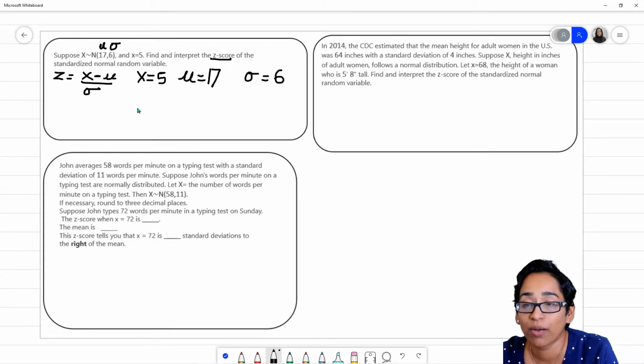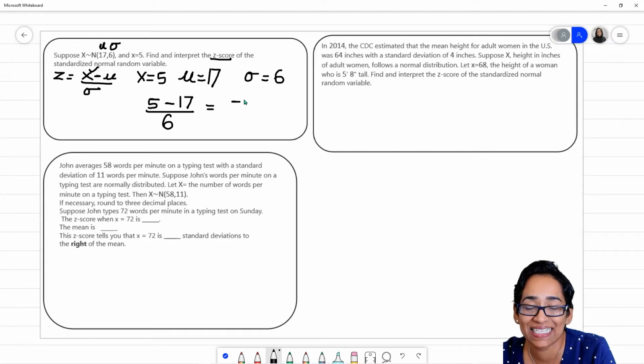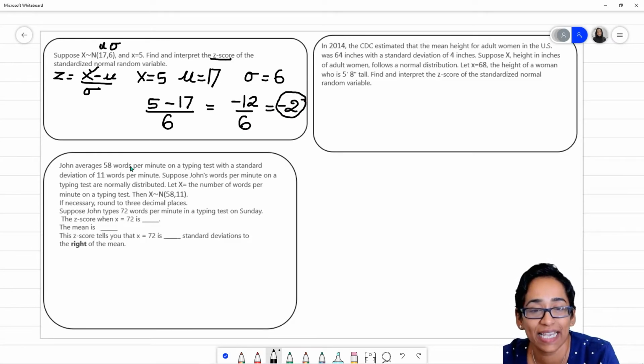So I'm going to plug this in: 5, which is my x, minus mu, which is 17, over standard deviation 6. So I have 5 minus 17, which is negative 12, over 6, which is negative 2. So my z-score is negative 2.